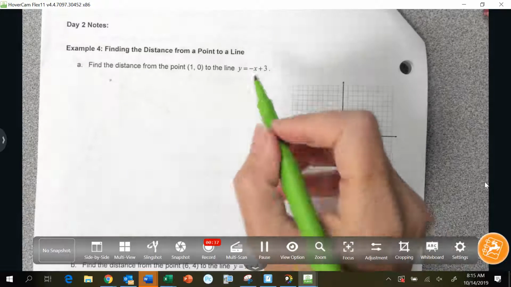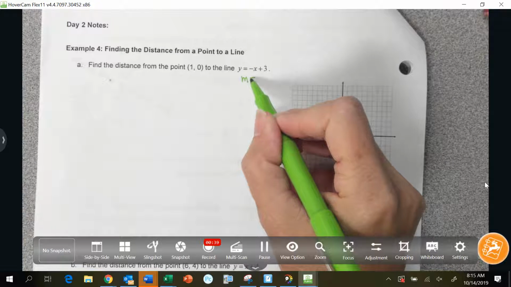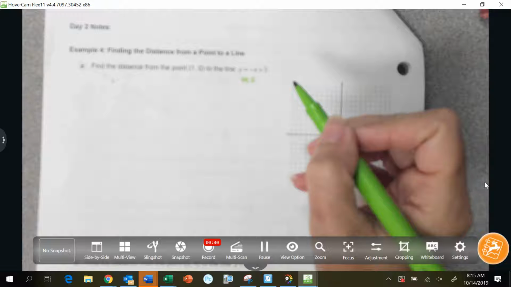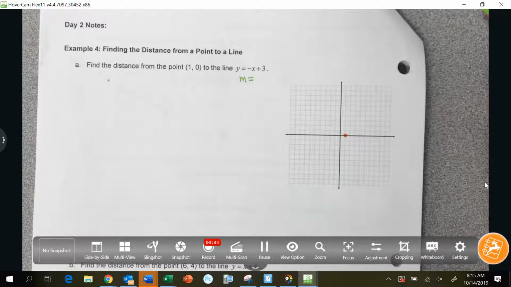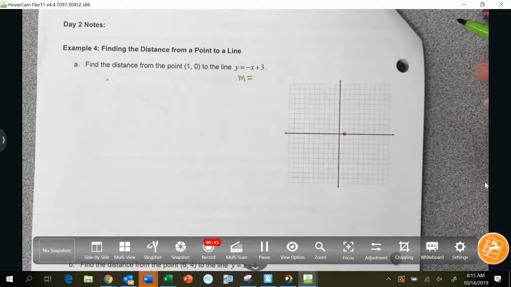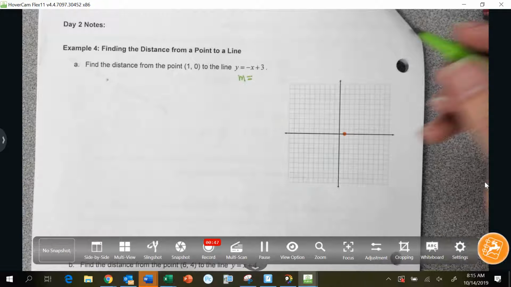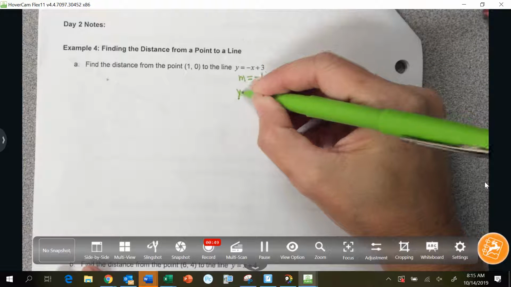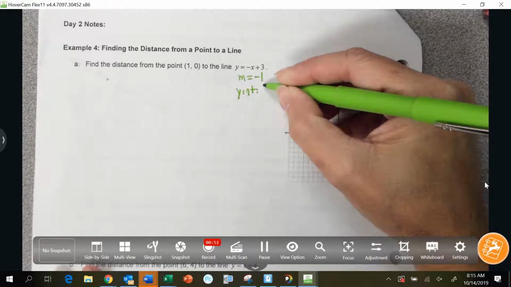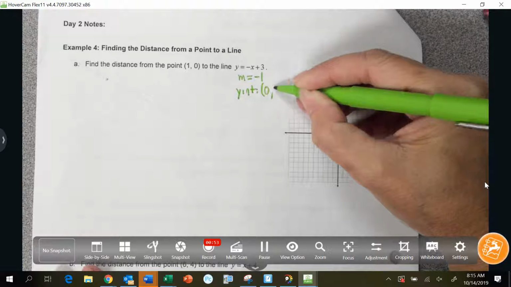To graph this one right here, what's my slope? Try it again. What's my slope? Negative 1. Thanks. What's my y-intercept? (0, 3).